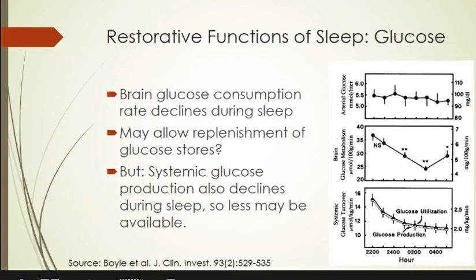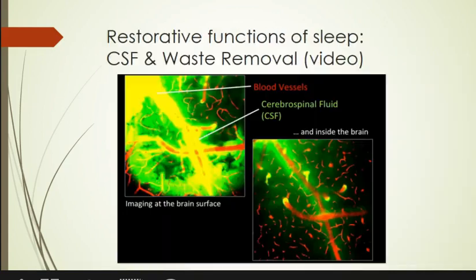There's restorative arguments about why we sleep in terms of maybe replenishment of glucose supplies within brain, which has kind of limited support. But I think much better support are these ideas about restoration in terms of removal of waste products from brain. And this is something that apparently does happen, particularly during really deep sleeps.